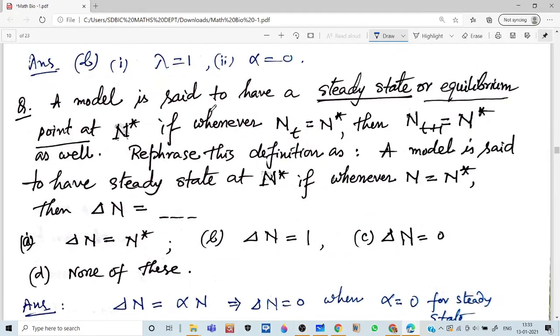A model is said to have a steady state or equilibrium point at N star if whenever Nt is equal to N star, then Nt plus 1 is equal to N star.